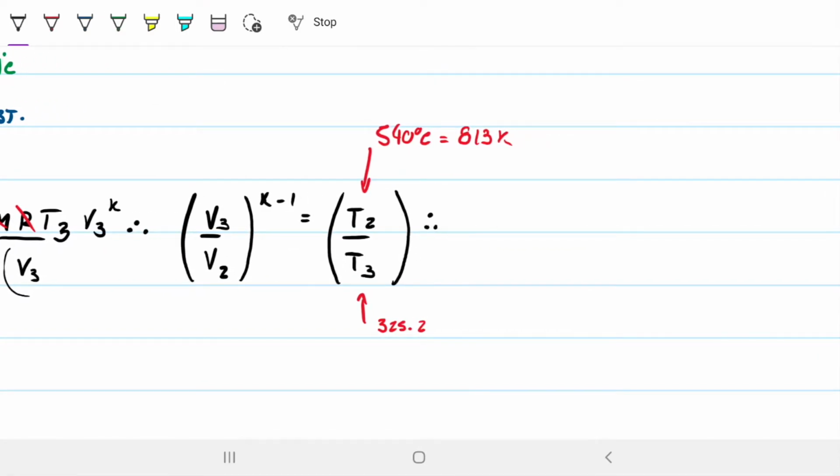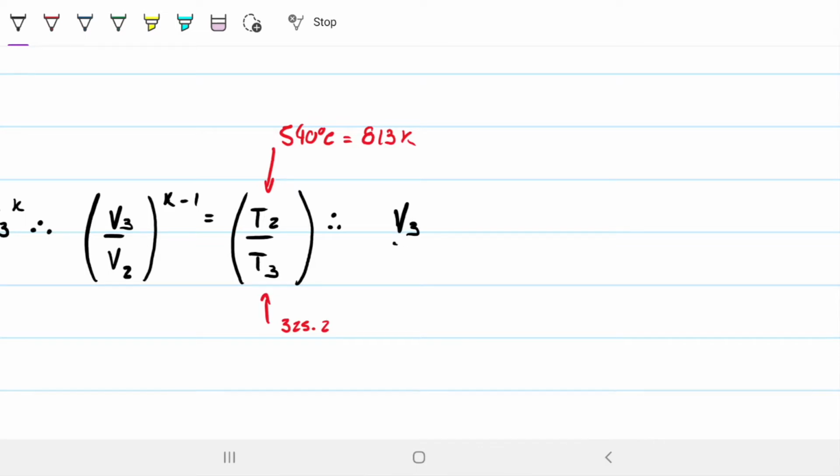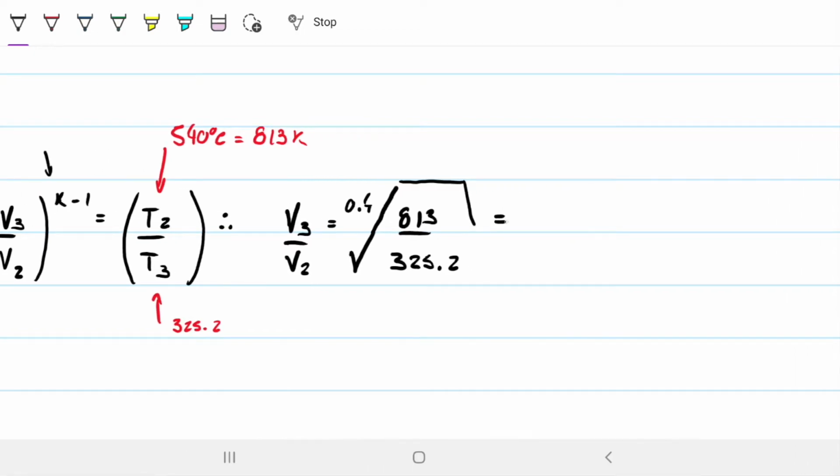So the ratio between V3 and V2, which is what we want, will be, since 1.4 minus 1 is 0.4, the 0.4 root of 813 divided by 325.2, both in Kelvin, so that we have a ratio. There's no unit to the ratio, right?